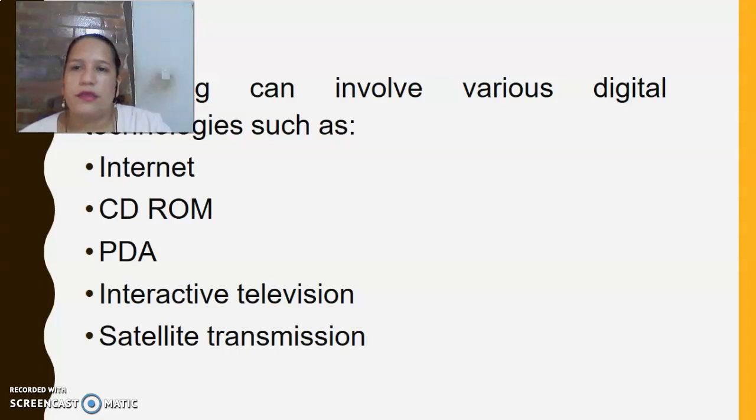The e-learning can involve various digital technology such as internet, CD-ROM, PDA, interactive television, or satellite transmission.